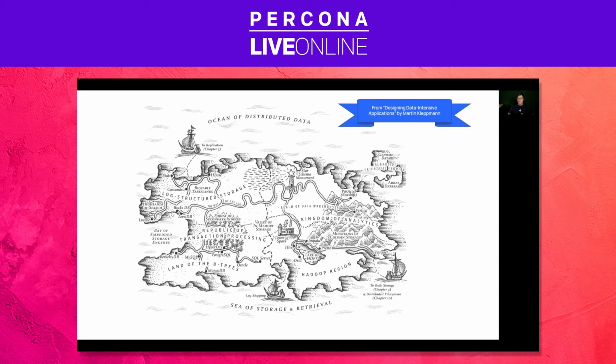One of my favorite books on this subject is Designing Data-Intensive Applications by Martin Kleppmann. Hope I didn't murder his name there, but huge fan. And he's done some amazing work in this area that I think is easy to get your head around. And I love this kind of visualization here. It feels like there should be orcs marching around here if you zoom in somewhere.